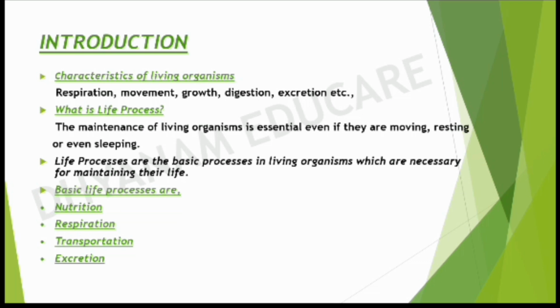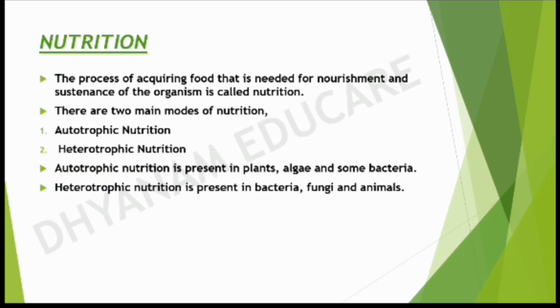Now, let us discuss nutrition. When we walk or ride a bicycle, we are using up some energy. Even when we are not doing any activities, energy is needed to maintain a state of order in our body. So, the source of energy is the food that we eat.